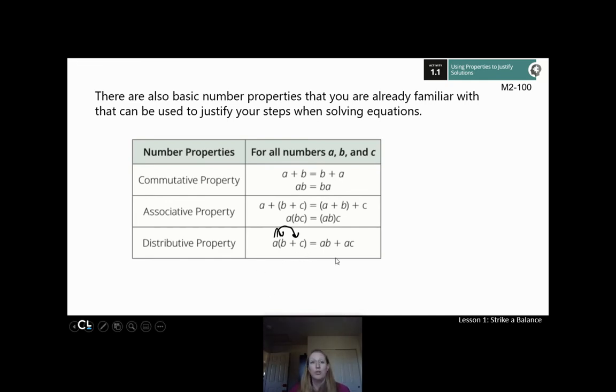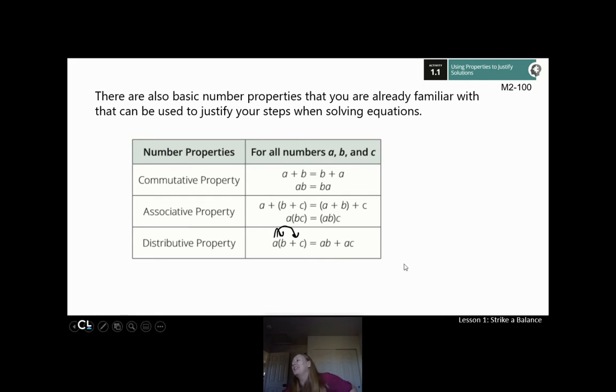It's a way that we can get rid of those parentheses: I take the term outside and multiply by each piece on the inside, and then the parentheses go away. Makes life a little bit easier. So you've used these before, particularly the distributive property. I know we've used it a lot.